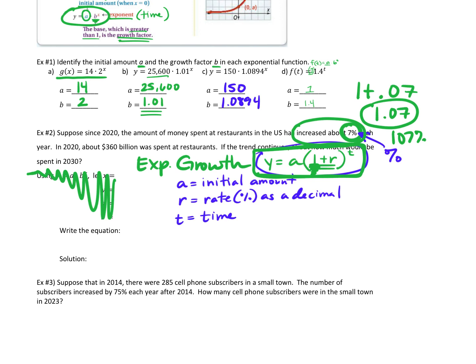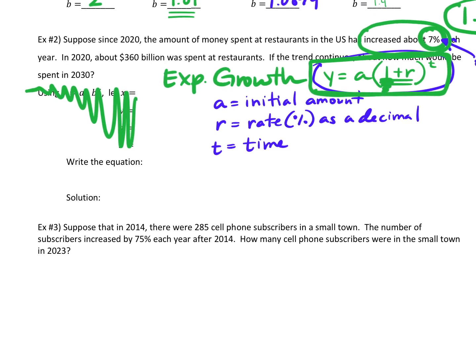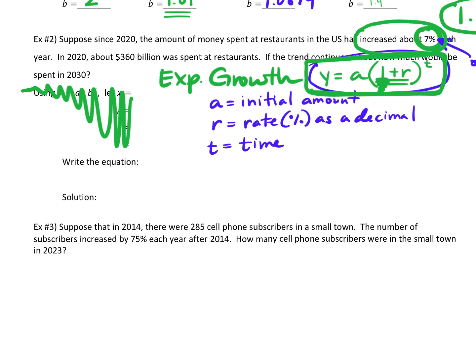Okay. Let's see if we can set this up. So if this is my equation, y equals a times 1 plus r to the t power. Your equation would be y equals, what is a? 360 billion. Don't write it as billions right now. Just write it as 360 and tack on a billion at the end when you write your answer.